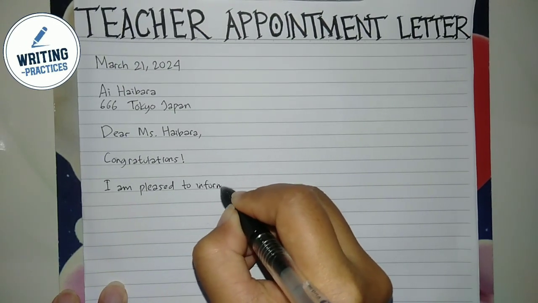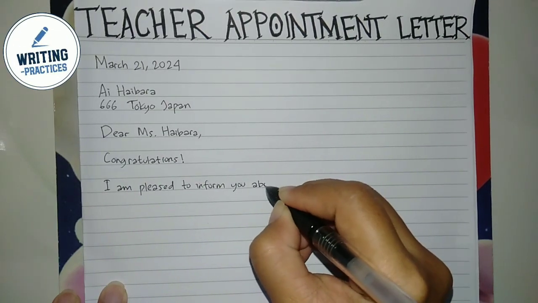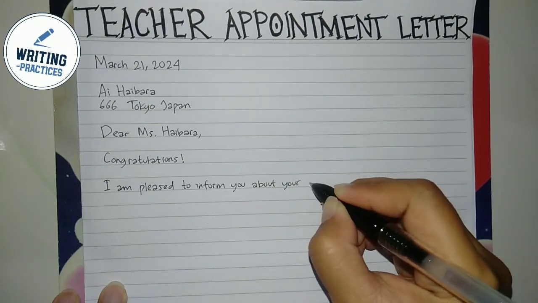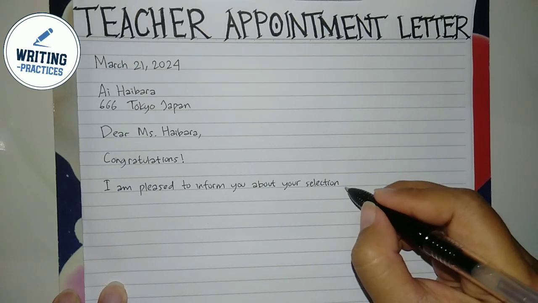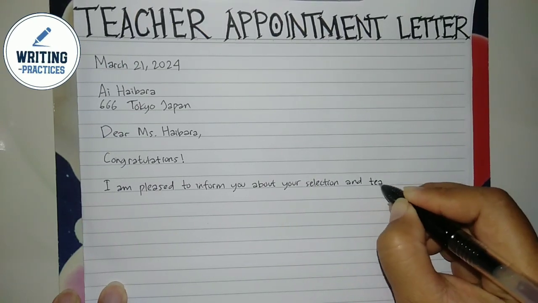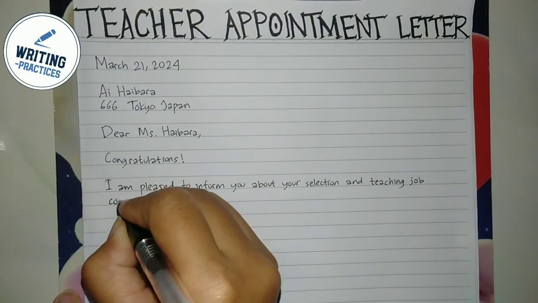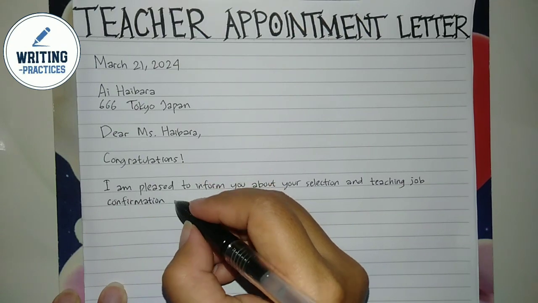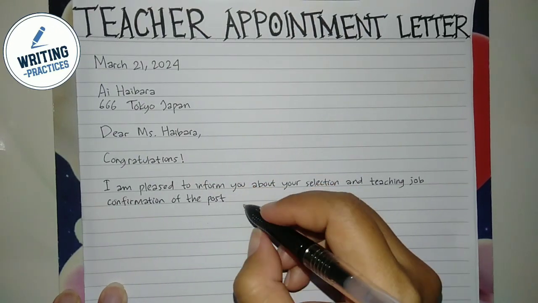You can write that the recipient is accepted. You need to mention the job position and other specific details. For example, if the recipient is accepted to be the teacher, write the subject.